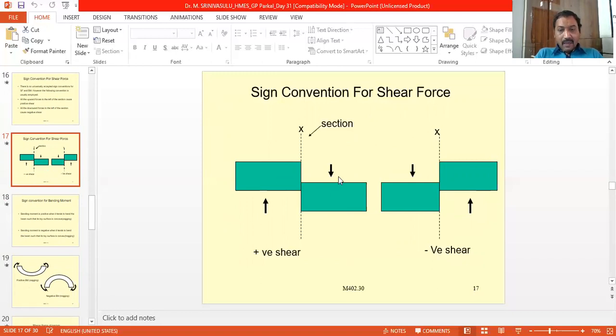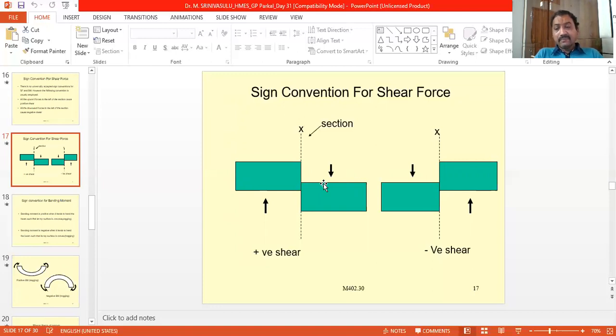Due to the forces, some moments are acting, some positive and some negative. Generally, clockwise moments are taken to be positive and anti-clockwise negative. That sign convention will be discussed later.